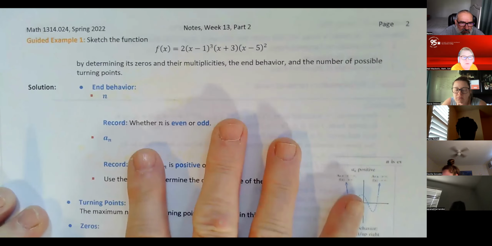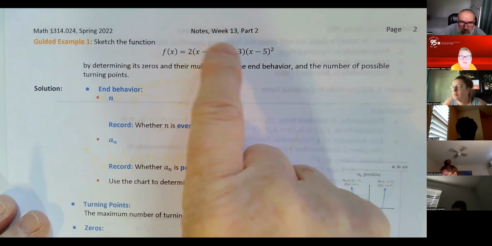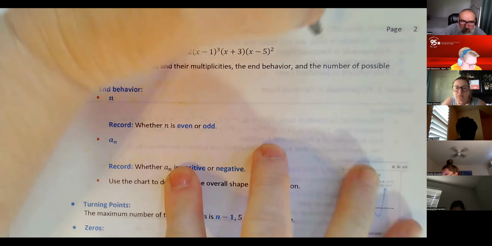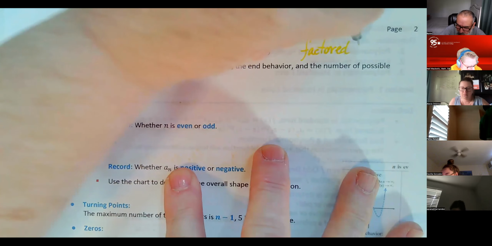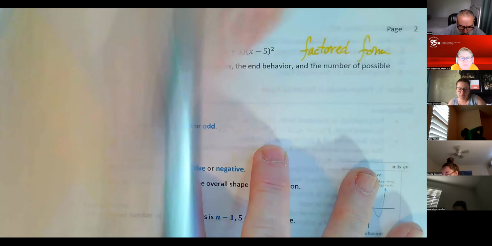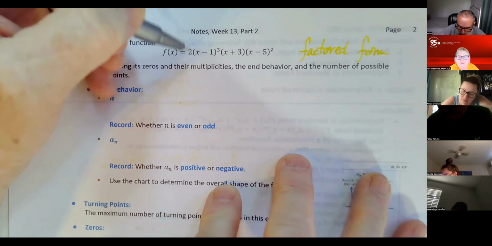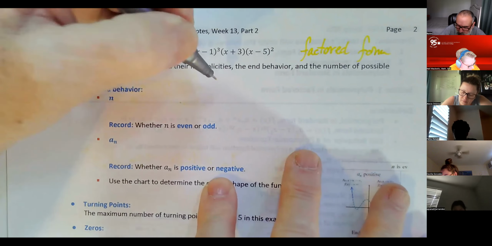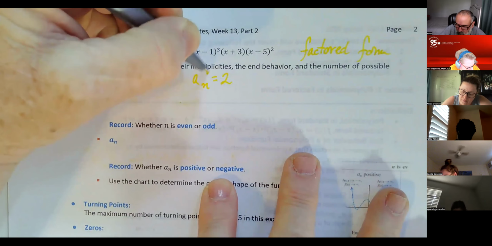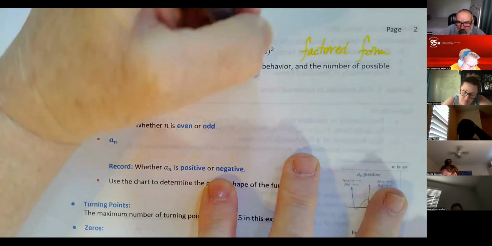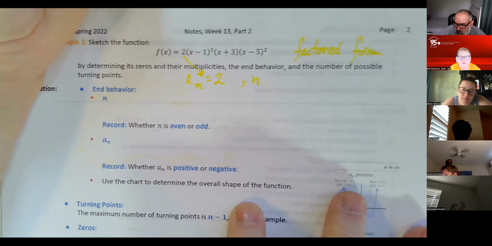So here we've got a polynomial in factored form. I can tell because everything is multiplied. Here, the number out front will be a sub n. So a sub n is equal to 2. And we find n by adding up the exponents on every factor.